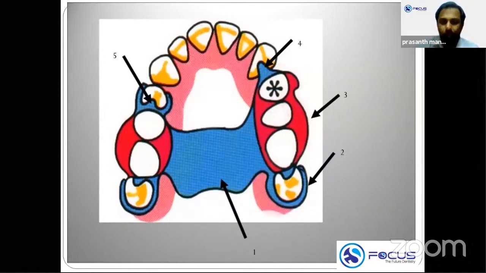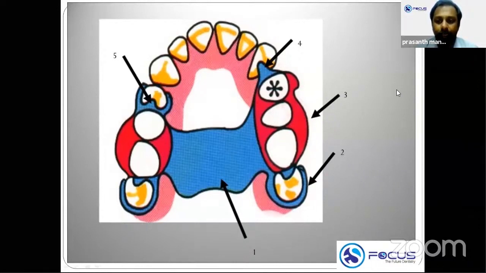Can you just name which component is number one? We'll have a discussion. Can anyone name it? Yeah, it's a major connector. Number one is the major connector. What is number two?